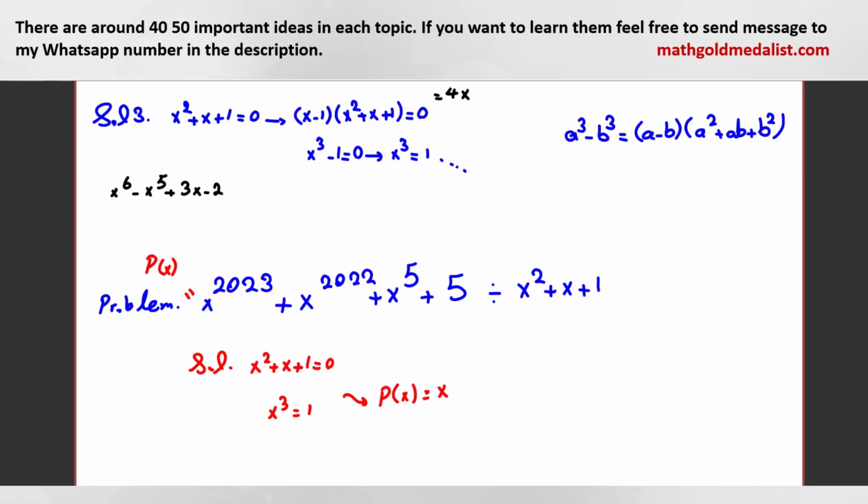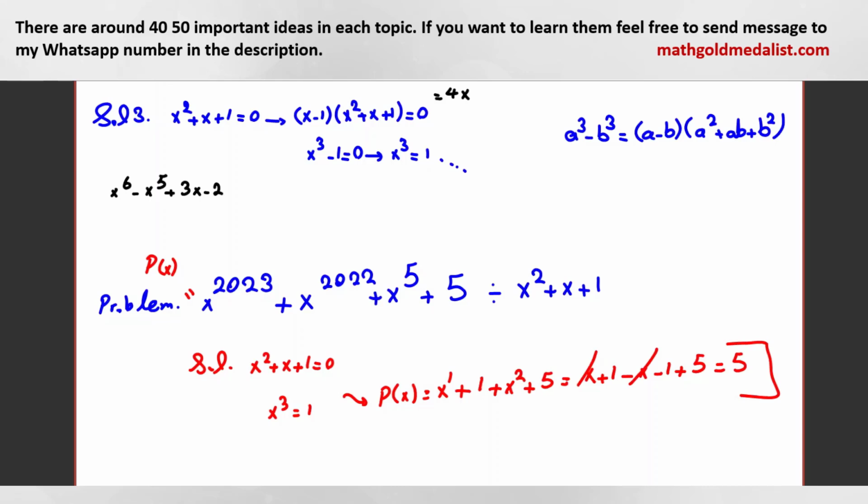X. Yes, x, because 2023 mod 3 is 1. 2 plus 2, 4, plus 3, 7. 7 mod 3 is 1. So the remainder is 1, x to the 1. Next one is 1 because it is a multiple of 3. X to the 5 is what? X squared plus 5. And you know x squared is negative x minus 1. So it will be x plus 1 minus x minus 1 plus 5. This cancelled, 5. Finished, right?